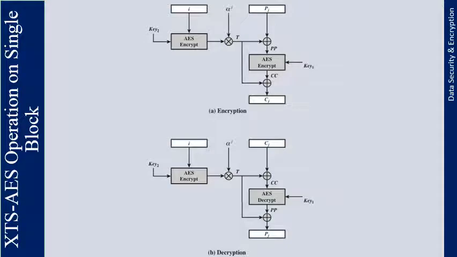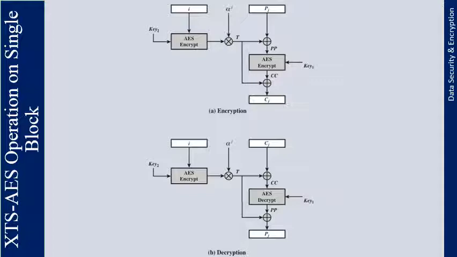So this figure shows an encryption and decryption of a single block. The operation involves two instances of the AES algorithm with two keys, key 1 and key 2. There are certain parameters that are associated with this single block operation of XTS-AES.